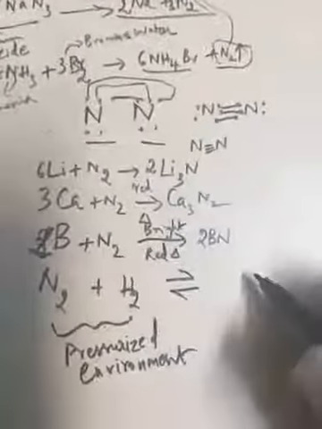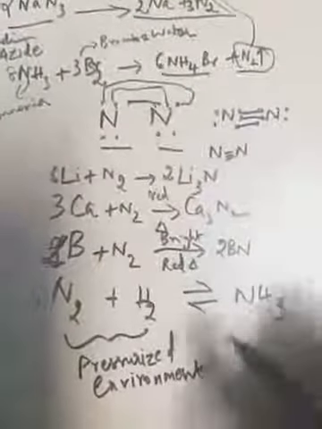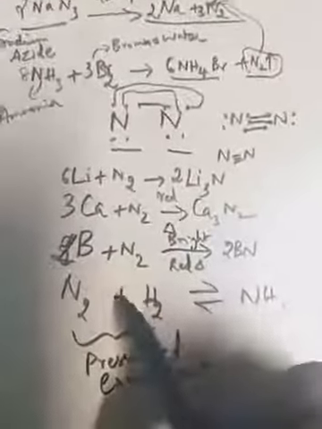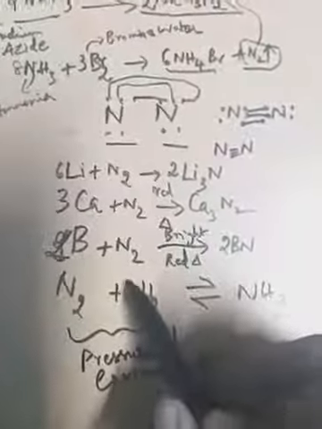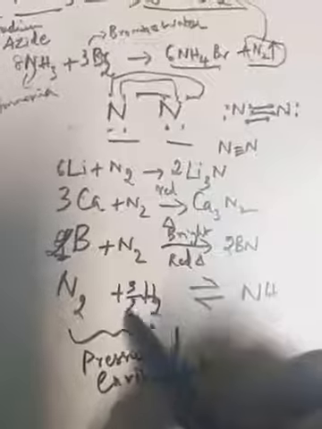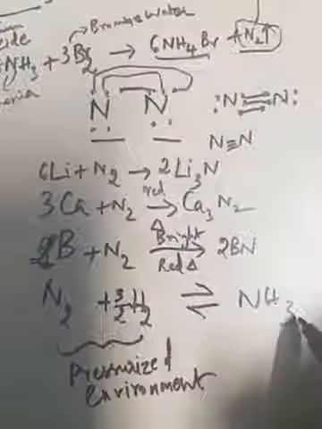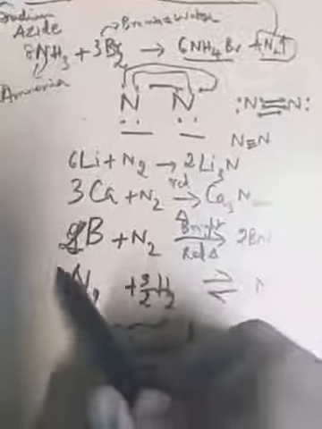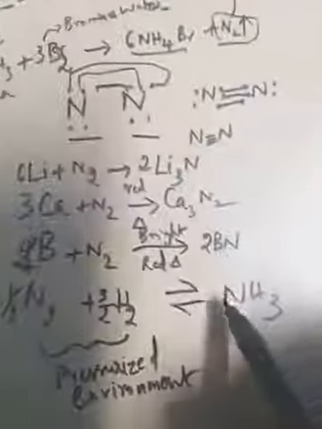To balance the equation, if I put 3 by 2 here, the 2 and 2 get cancelled, so 3 will be there, and NH3 is produced. If I put 1 here, 2 and 2 get cancelled, so 1 nitrogen.